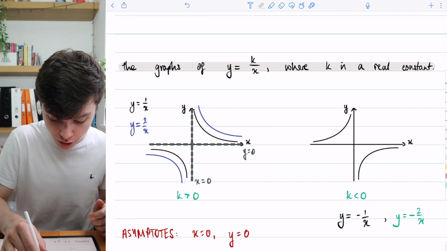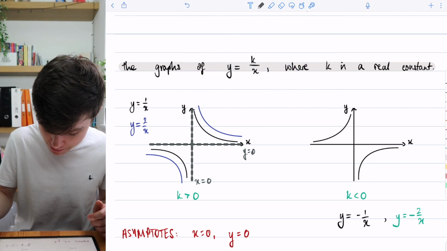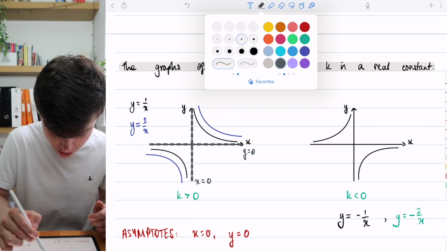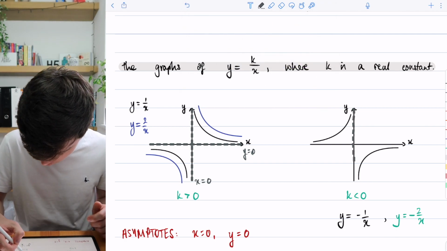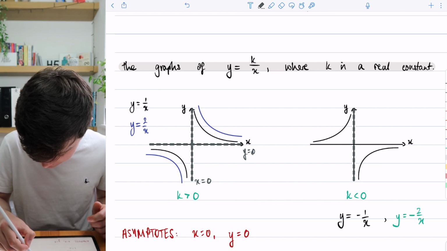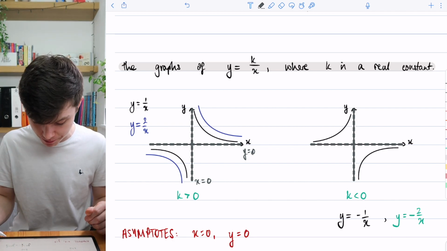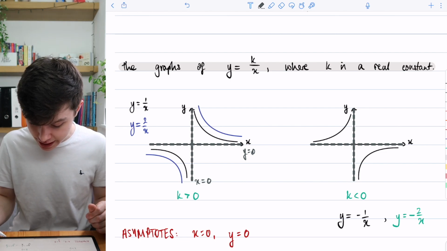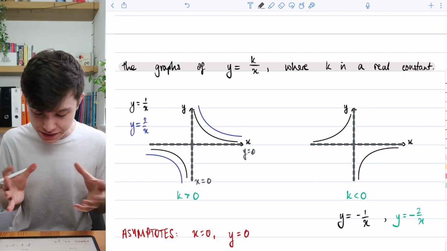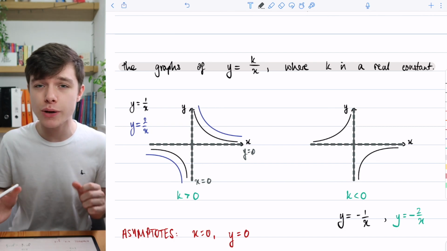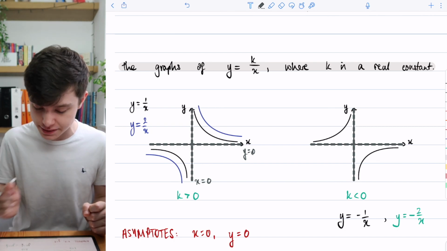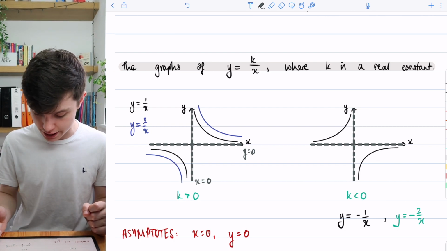We also need to put the asymptotes on there, so let's make the asymptotes a bit thicker so we can see them. We've got one on the y-axis, that's when x is 0, and one on the x-axis, that's when y is 0. Okay, so that is the general shape of y is equal to minus k over x. That's what all the graphs look like, okay?